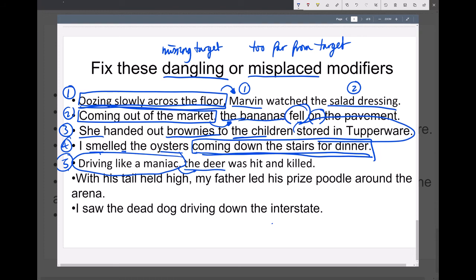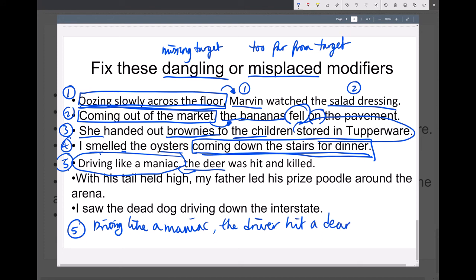And so we had a dangling modifier. So we need to add a target word. So it might read something like this when we add a target in. So we can keep the modifier where it is. Driving like a maniac, the driver hits a deer.